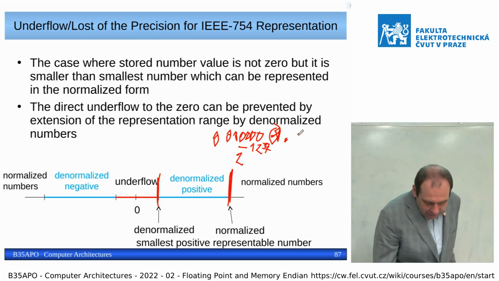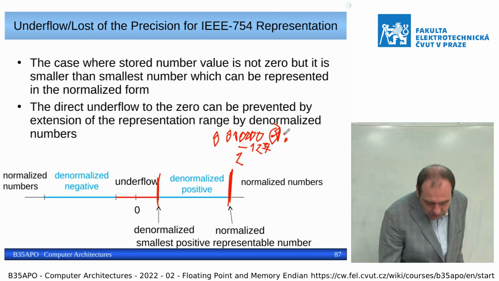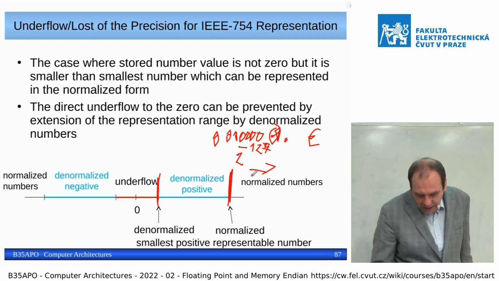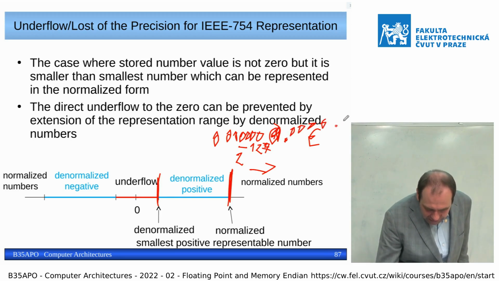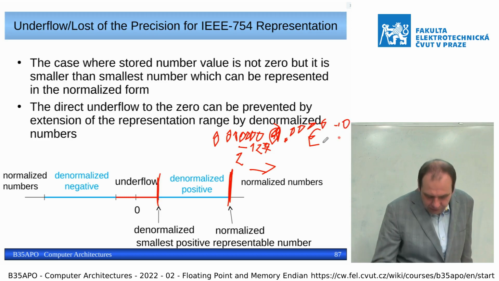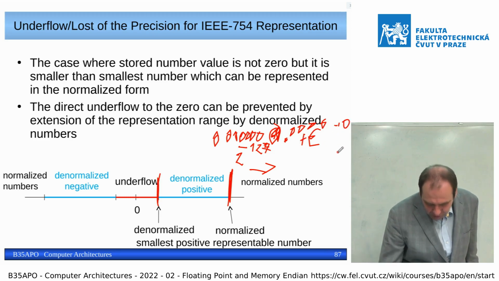And what happens if we add the smallest epsilon, and we want to go to the right, to the higher number? Then we can add there a 1 in the last of the 23 bits.